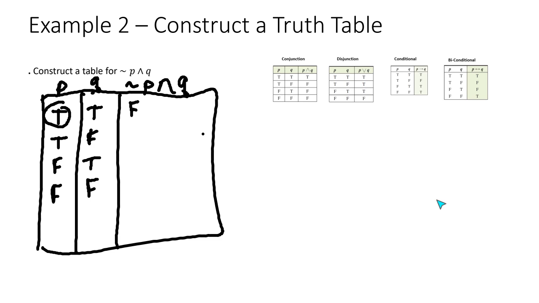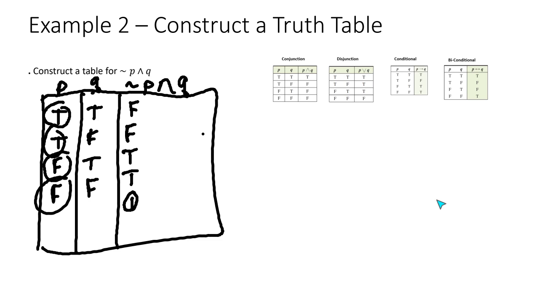For the second one, if I have true, my negation is false. For the third one, if it's false, it's going to be true. And then false would be true. So false, false, true, true. I'm going to label this as number 1, because that's the first thing that I did.